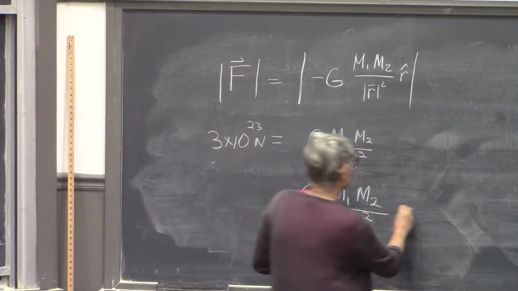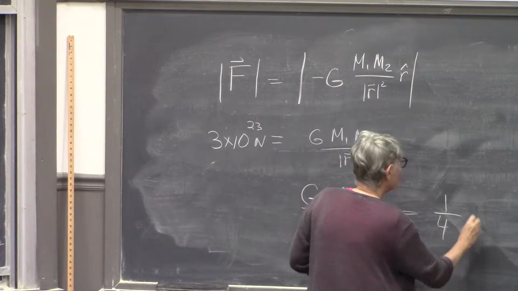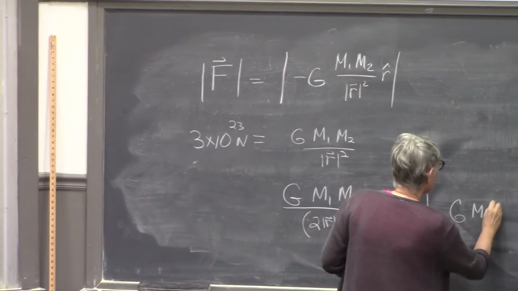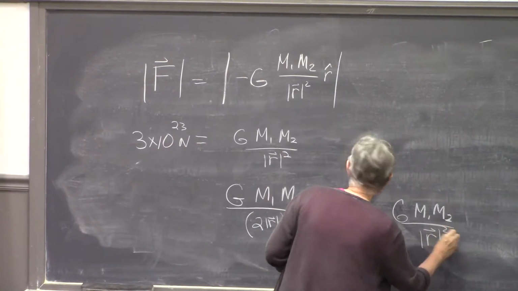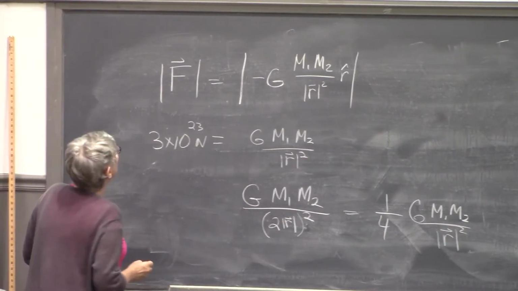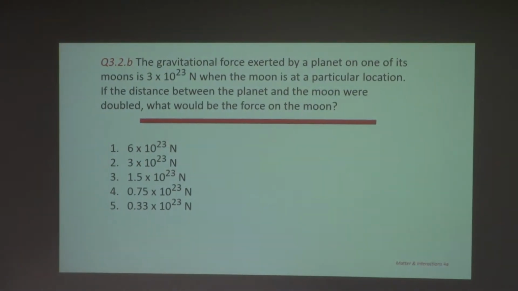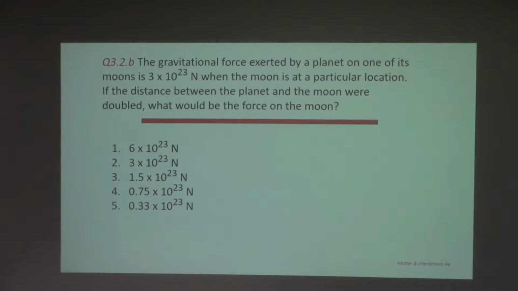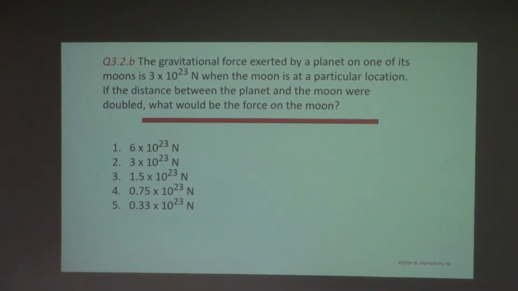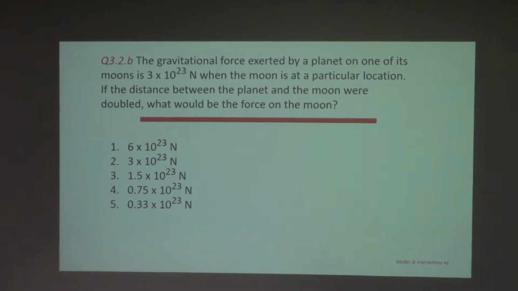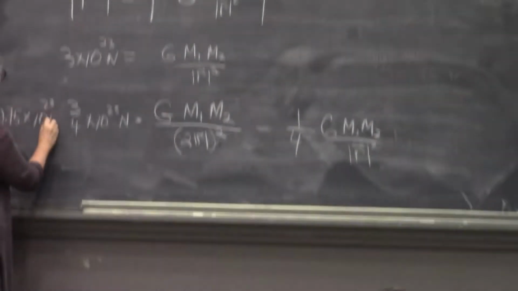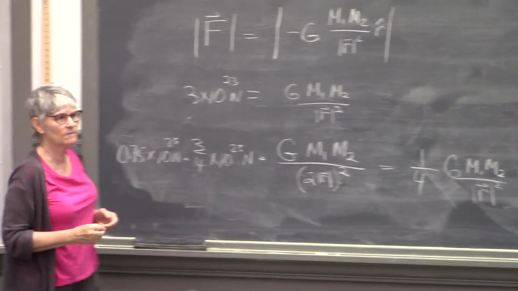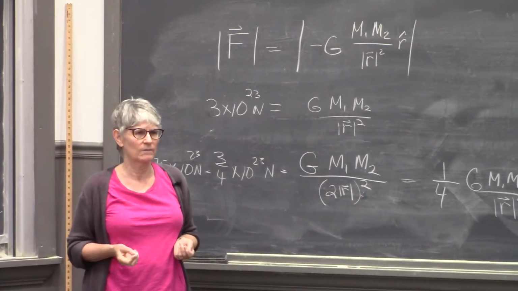And so that gives us a 1/4 times G m1 m2 over the magnitude of r squared. And so we would get 3/4 times 10 to the 23rd newtons, or 0.75 times 10 to the 23rd newtons. So well done. Good job.